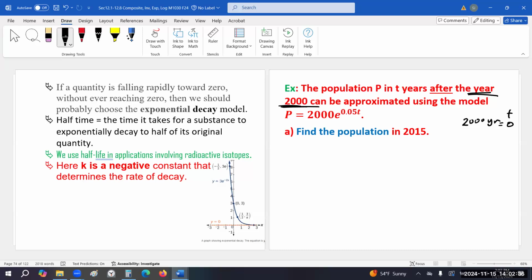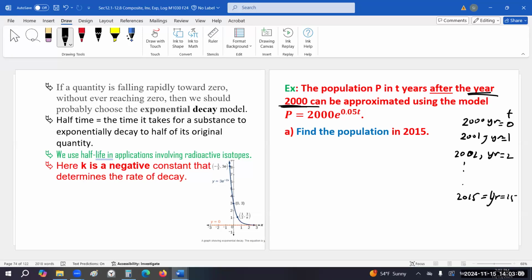So exactly in 2000, our t is 0. In 2001, t is 1. In 2002, t is 2. Now we are in 2015, so t is 15. In other words, they're telling us to substitute 15 for t.